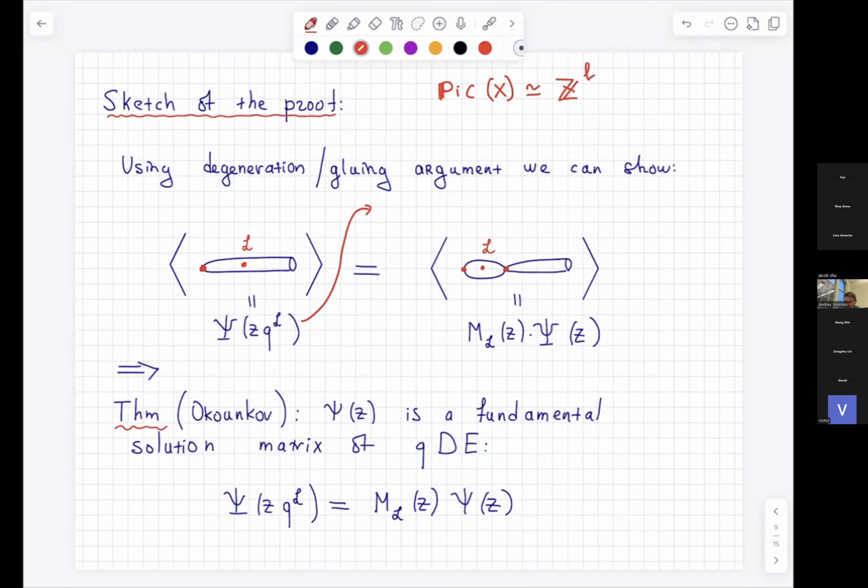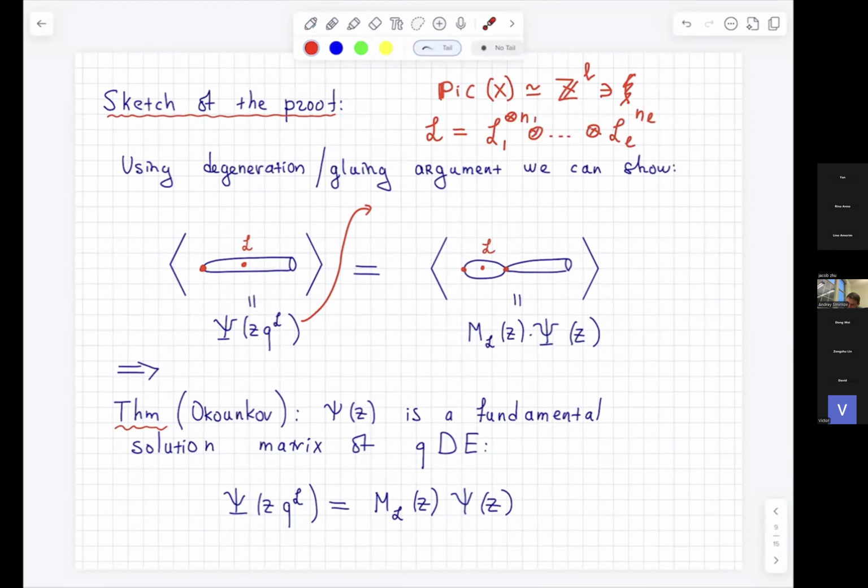In particular, here you can choose a basis of tautological line bundles, and then any line bundle L can be written in this basis as L1 to some integral power n1, and so on up to Ll to the power nl. So any line bundle has this form where the components are tautological line bundles.